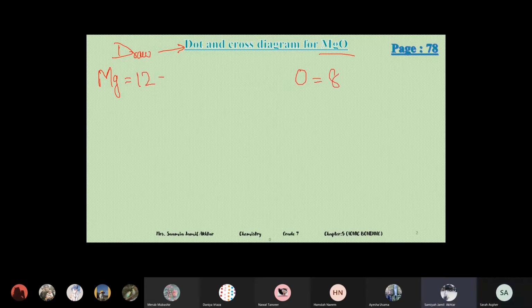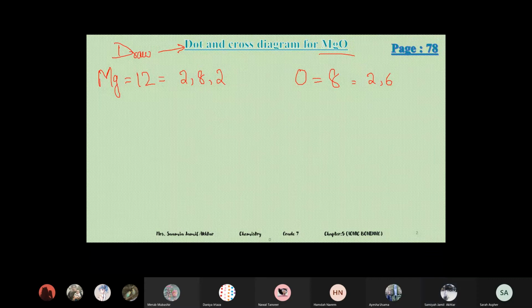What will be the electronic structure of magnesium? 2, 8, 2. And for oxygen it's 2 and 6. The girls who are online, can you see the screen properly? Yes.